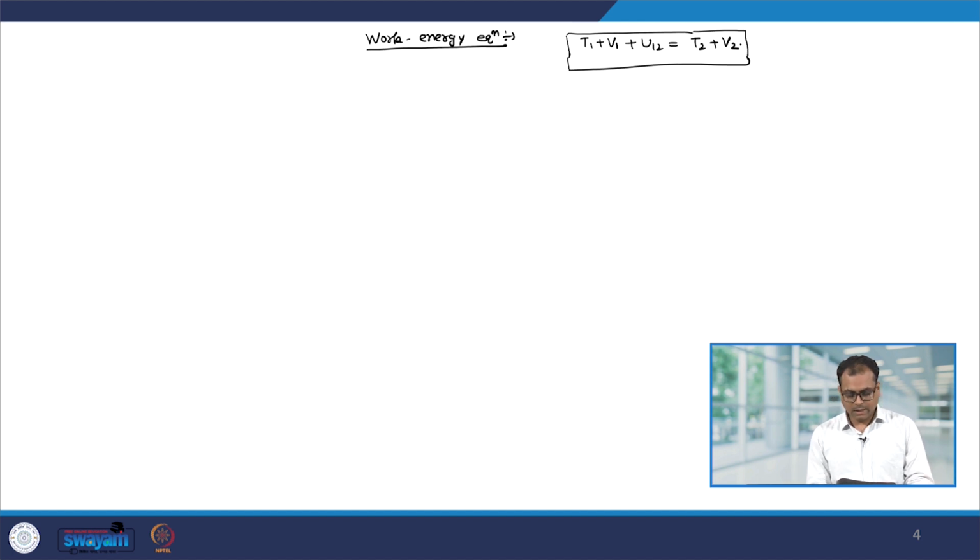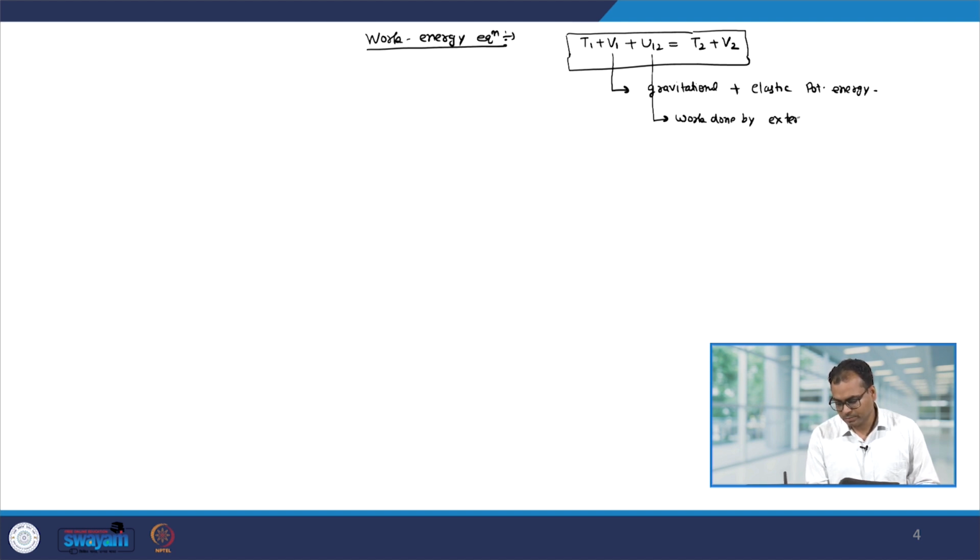Here T1 is the initial kinetic energy, V1 is the potential energy, wherein we consider the gravitational potential energy and the elastic potential energy. So, this has gravitational plus elastic potential energy, and U12 is the work done by external forces.